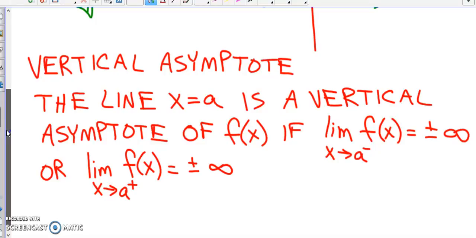So, I have a theorem that goes with this. It doesn't have a name, it's just a theorem.